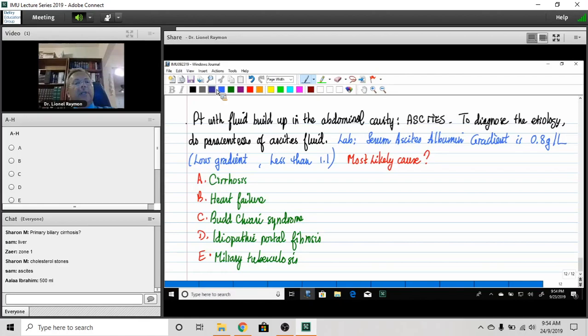Or we can leave the poll the way it is. That's fine. So, serum ascites albumin gradient, SAG. So is this a patient with cirrhosis, heart failure, Budd-Chiari, idiopathic portal fibrosis, or miliary TB?